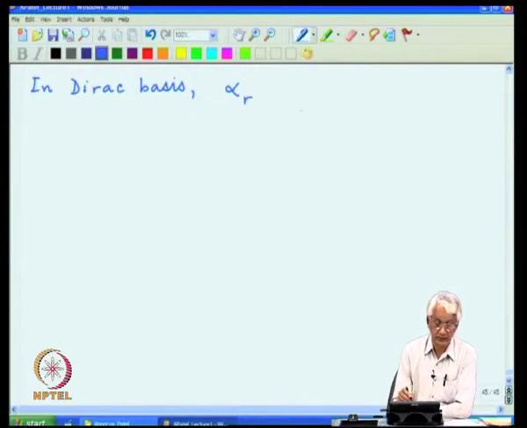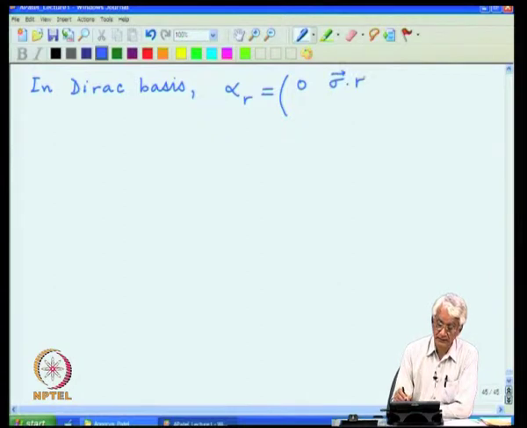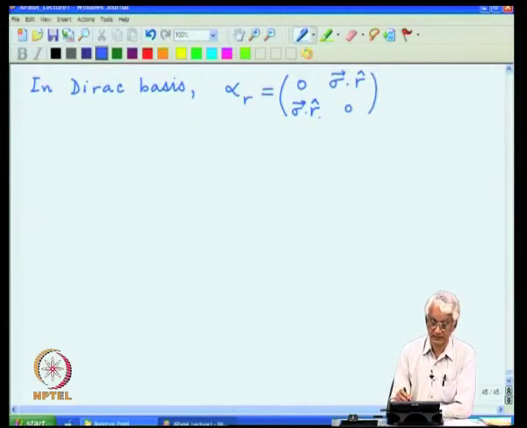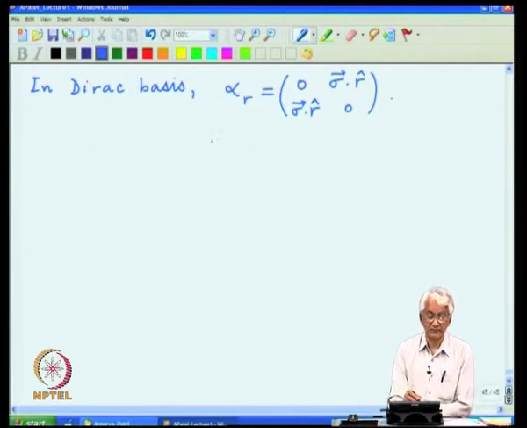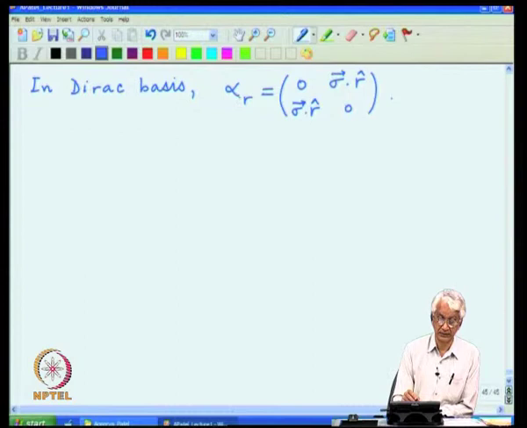But if you literally go back to the Dirac basis, then this matrix alpha r is sigma dot unit vector r on the off diagonal parts, and now the solution which was worked out by using just plus or minus I for the entries of alpha r can be re-expressed in terms of the solution in which the basis is defined by the sigma dot r.